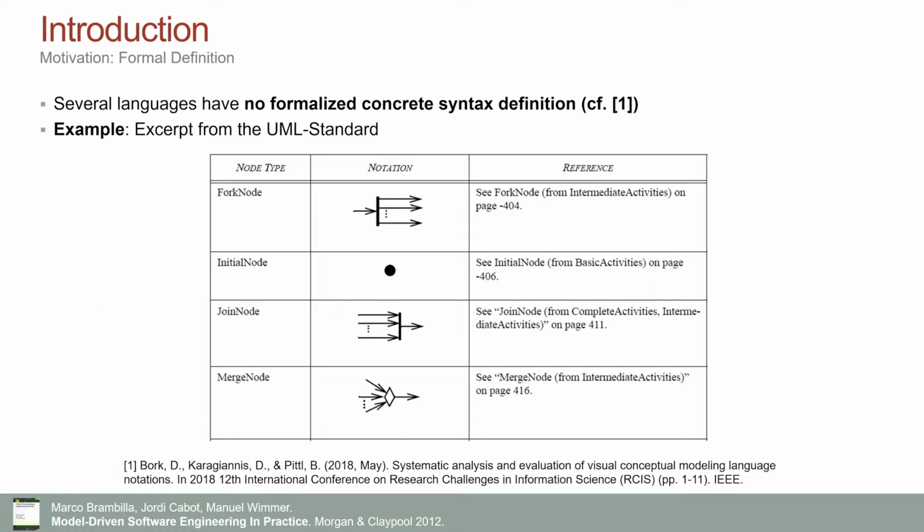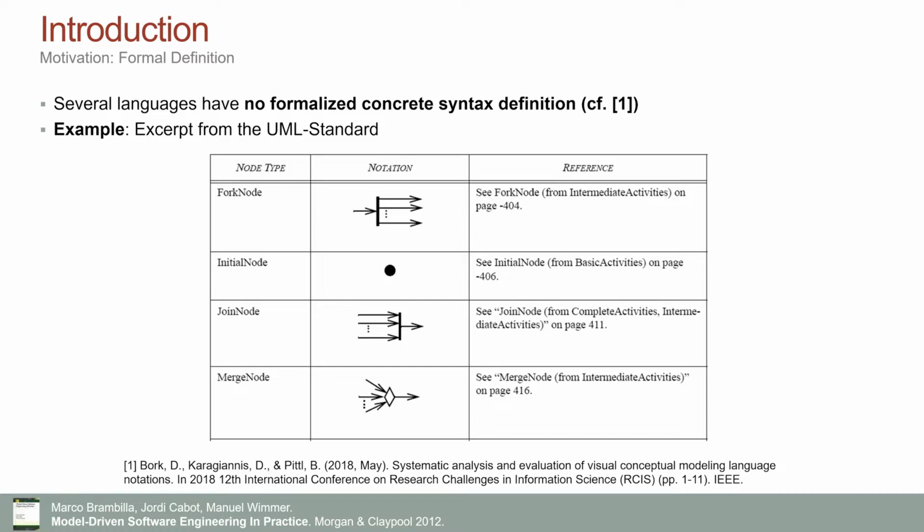This is the mapping that I mentioned on the previous slide. But formality now relates not to the mapping, which is a one-to-one mapping here, but it relates to how we specify the notation. If you see, for example, the initial node, it's a circle that is filled with a black color.